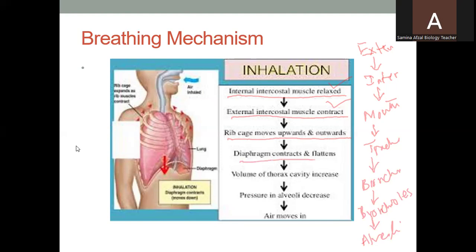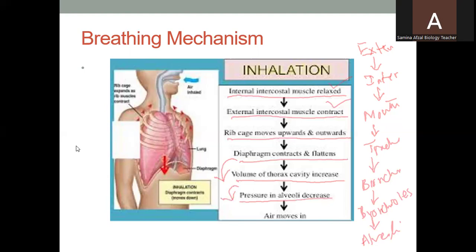The diaphragm contracts and flattens. So in this way, there will be more space for air. The volume of the thoracic cavity increases, and pressure in the alveoli decreases.